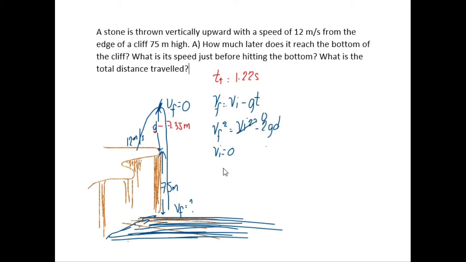Okay? So, we now have an equation wherein Vf squared equals negative 2Gd. And then, we can solve for Vf is equivalent to the positive or negative square root of negative 2Gd.